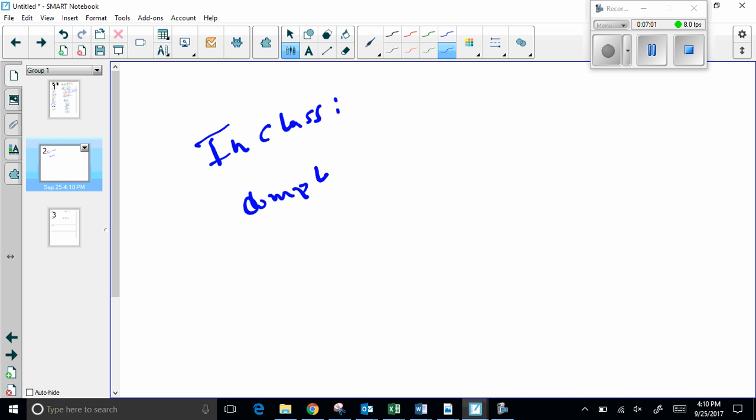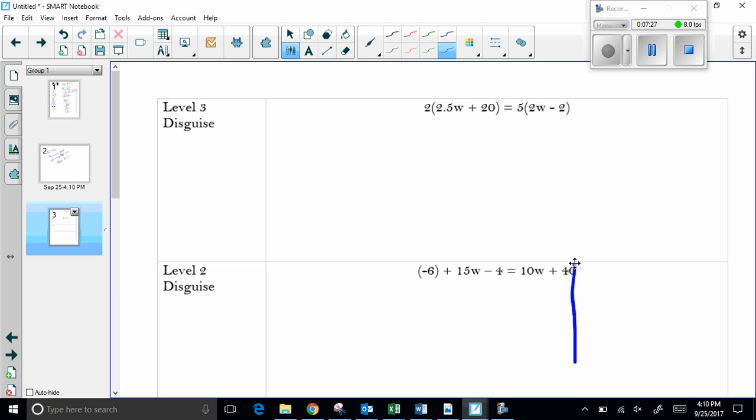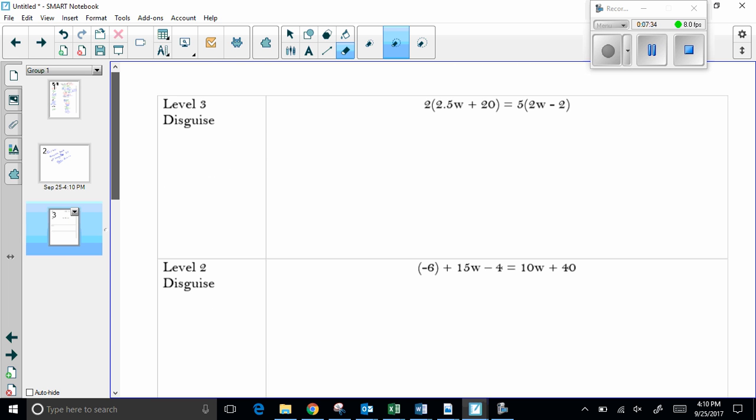Complete the back of your Incognito worksheet and turn it in. Before you leave the class, you're going to need to turn this in, guys. Look at the back. There are several different levels of disguises here. You start at the bottom and work your way back up to the top. You'll turn that in before you leave.